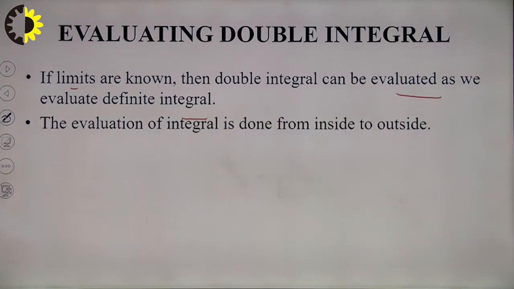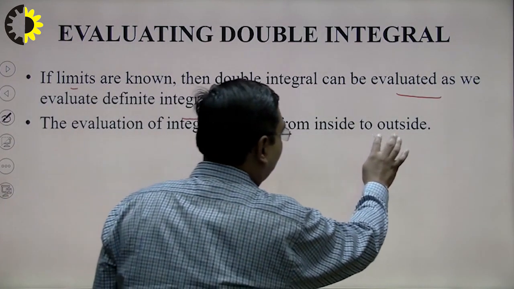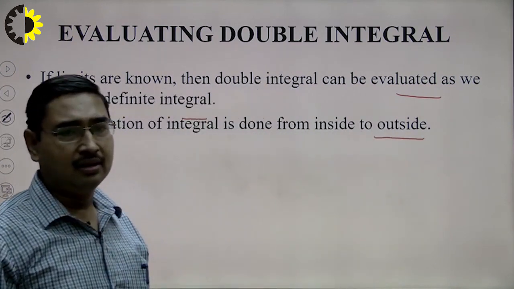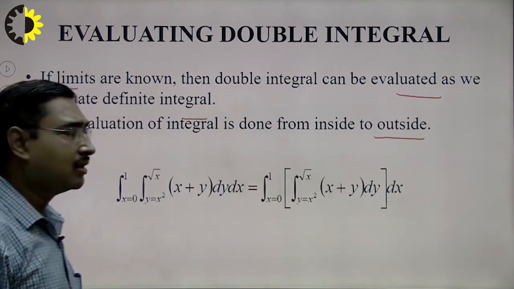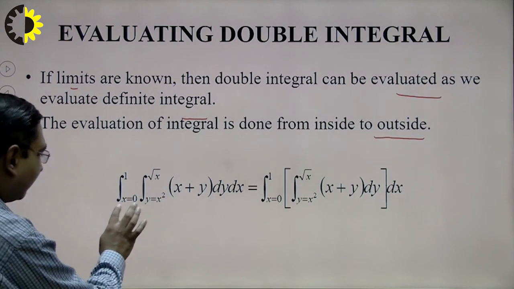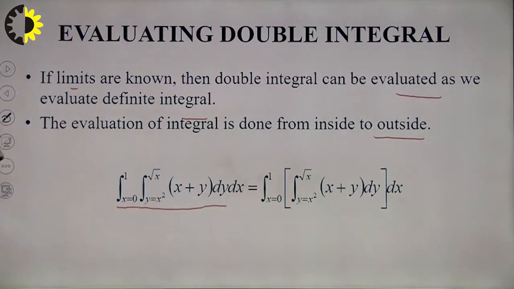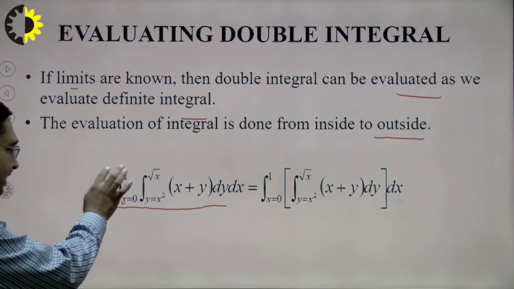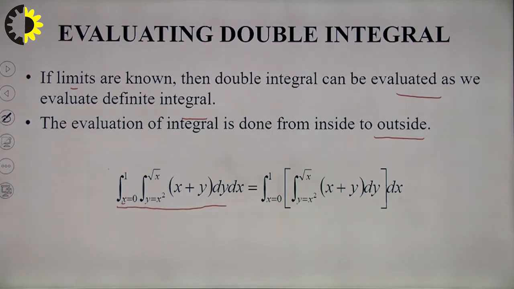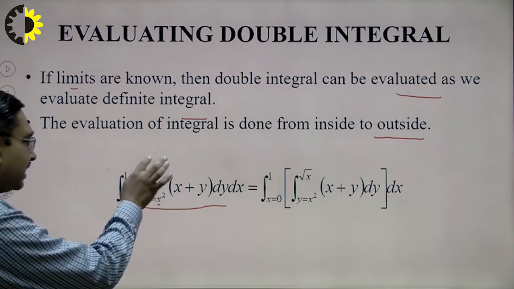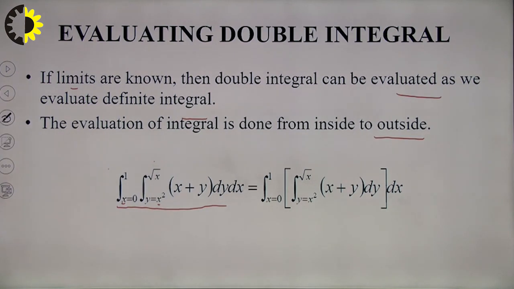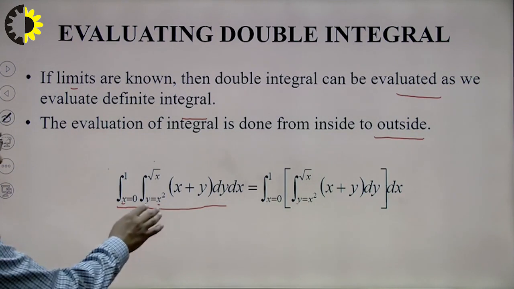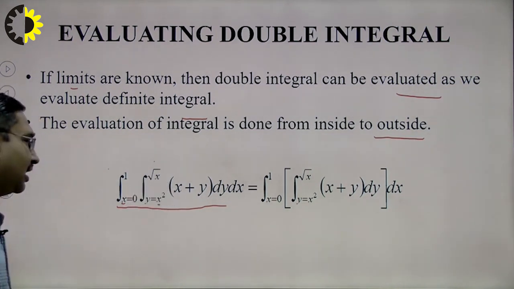The evaluation of the integral is done from inside to outside. What does it mean? Suppose I am given this double integral. Here x varies from 0 to 1 and y varies from x square to root x. That is, the limits of x are from 0 to 1 and the limits of y are from x square to root x.